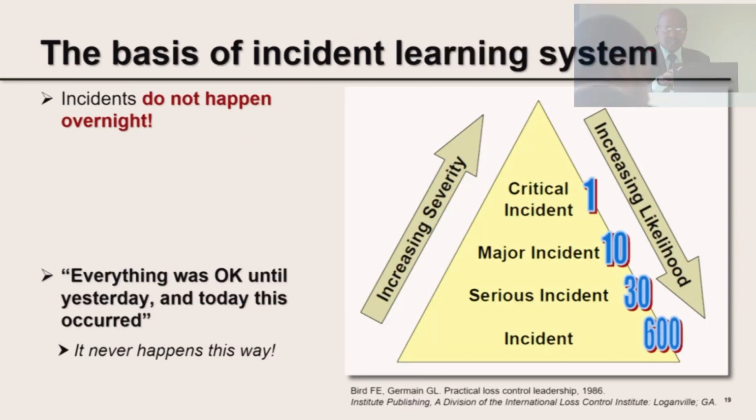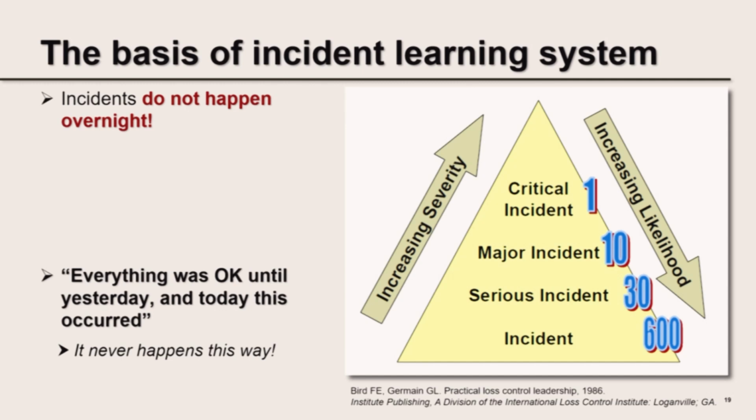The basis of incident learning systems is this: incidents in your clinic do not happen overnight. It's not that everything was all right in my clinic until yesterday, and this morning I came and this thing happened. No, it never happens like that. For one major incident, one sentinel event, to happen in your clinic, 10 major incidents went unnoticed by you.